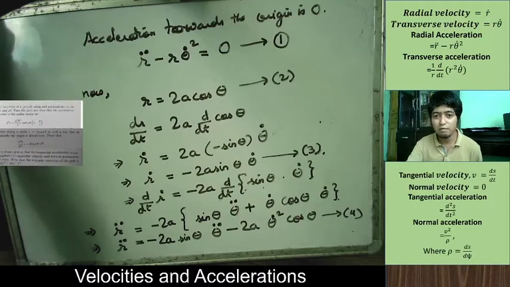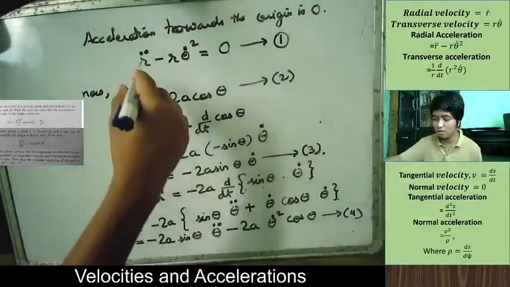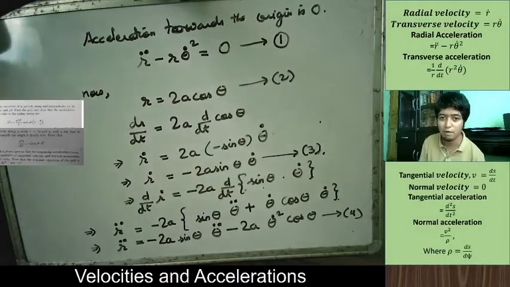Now since we have found out r double dot, we can substitute all these in equation 1. Let us see what we will get.